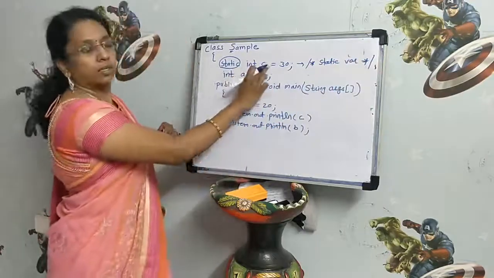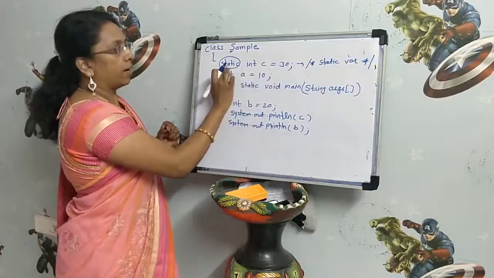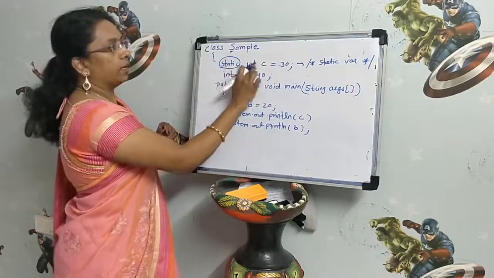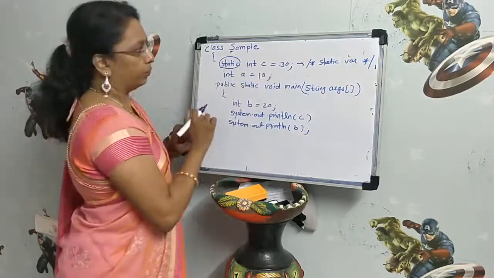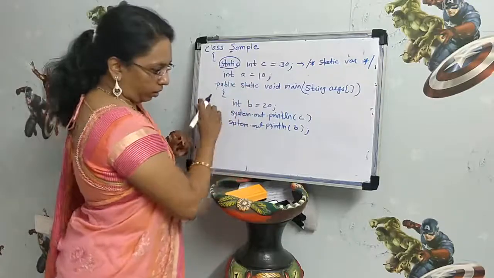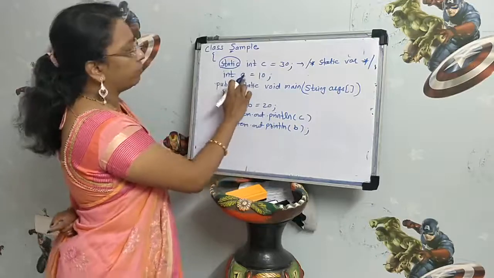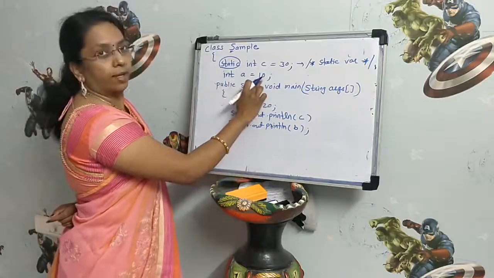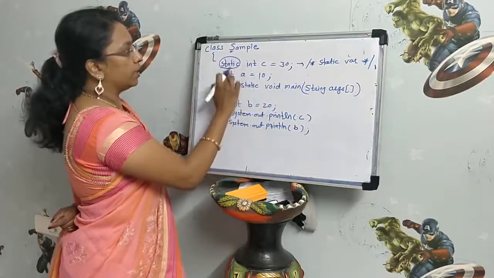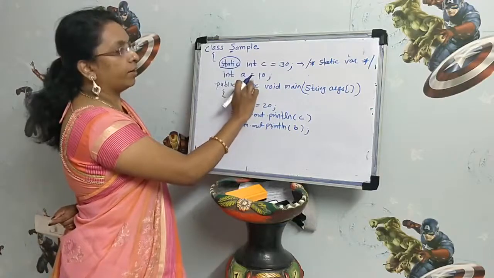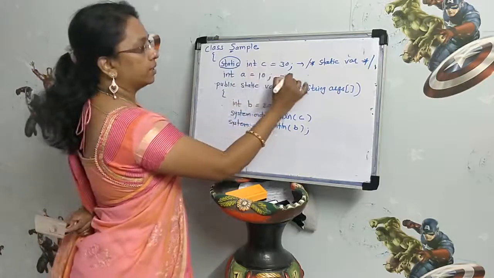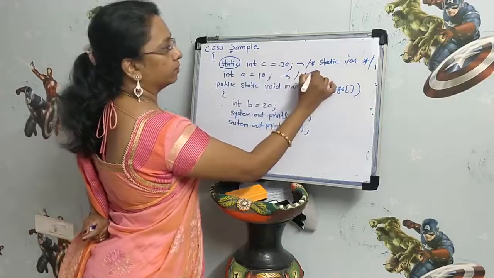This is c, data type int, and static keyword, static int c equal to 30. Now here I have declared one more variable a with value 10. This variable is inside the class, so it is called an instance variable.